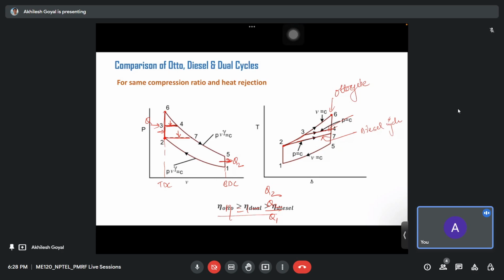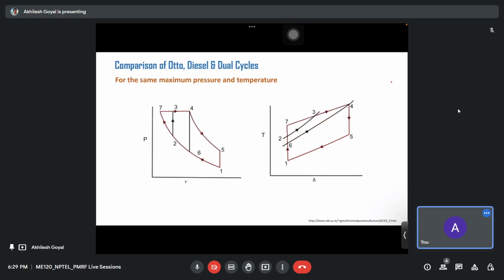Now the second condition is, we can vary the compression ratio, but we limit the maximum pressure. So for that condition, with the same maximum pressure and temperature limitation, you can see in the PV diagram, the first diagram, we have limited this pressure.